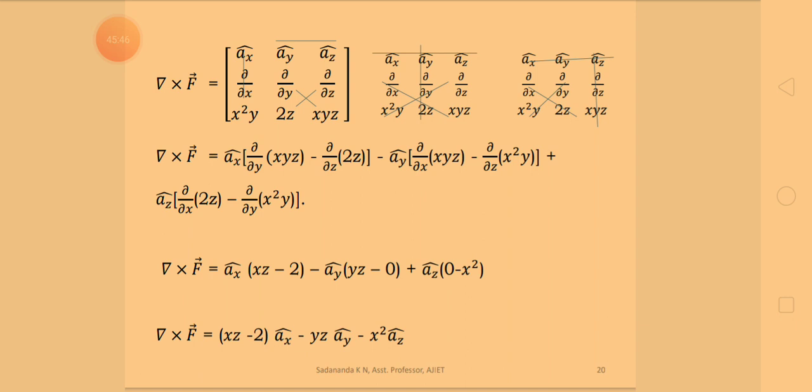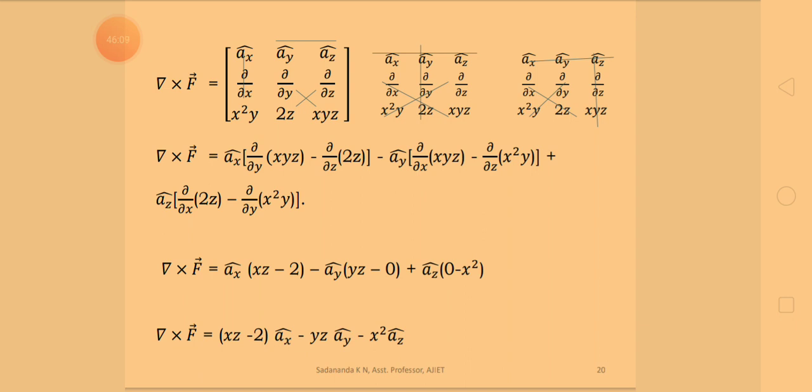So in this matrix form, first you take the first row and first column, leave them, and the remaining I have put cross marks: ∂/∂y into xyz and ∂/∂z into 2z.